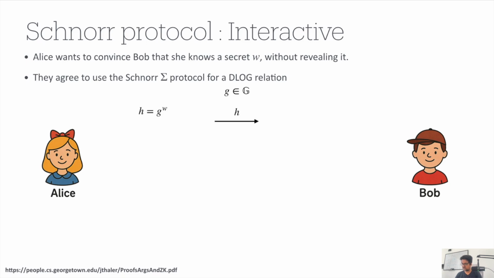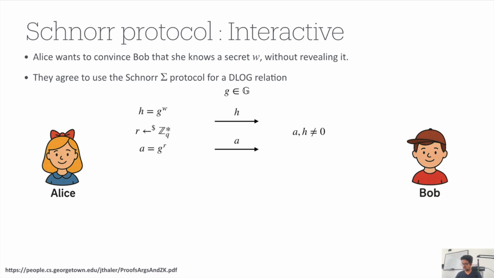Then Alice draws a random value from the multiplicative subgroup, and she computes what we call the commitment to this value by computing the exponent of G with this random value, and she sends this to Bob.